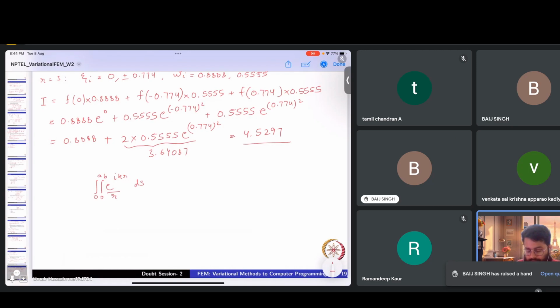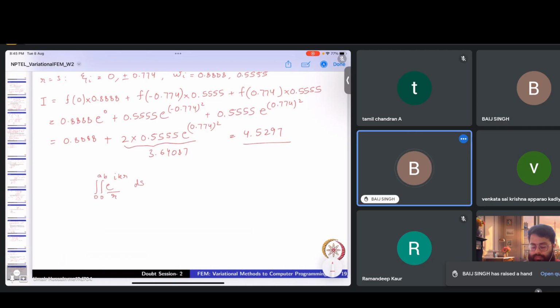If it's a surface integral, generally someone does the direct integration approach, and most of the people have done the numerical integration approach. I think what we need to straighten up here is the mapping to our natural coordinate domain. Yes, sir, that was the problem I was facing.